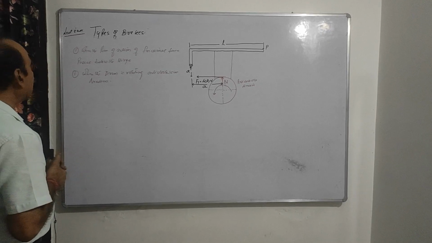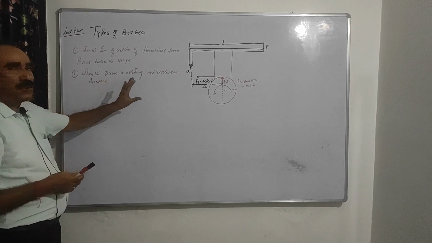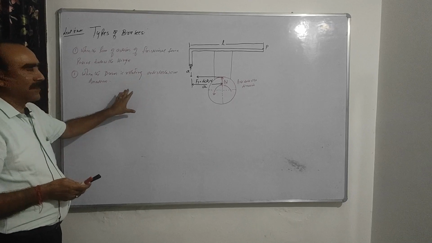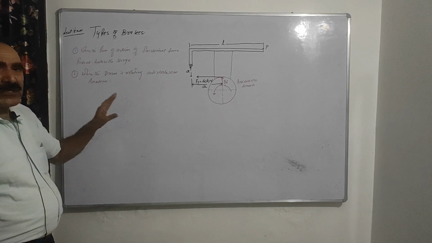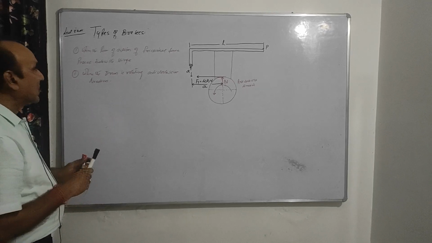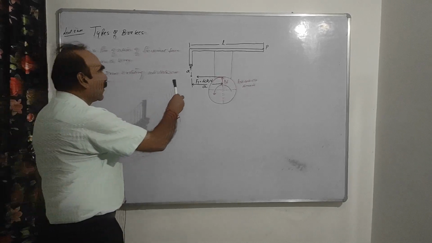So let's first understand. When the drum is rotating in the anti-clockwise direction, what is the design equation of the brake? So first of all, this is your diagram.